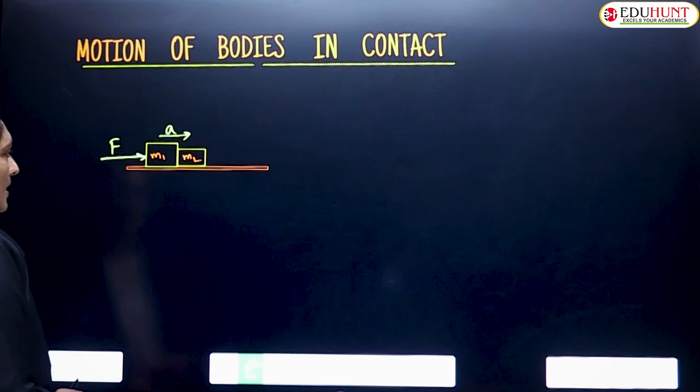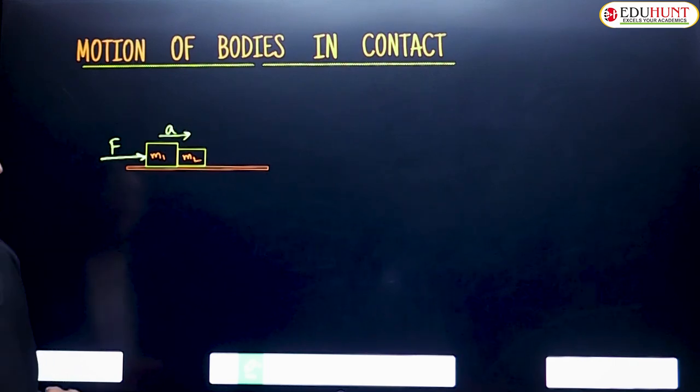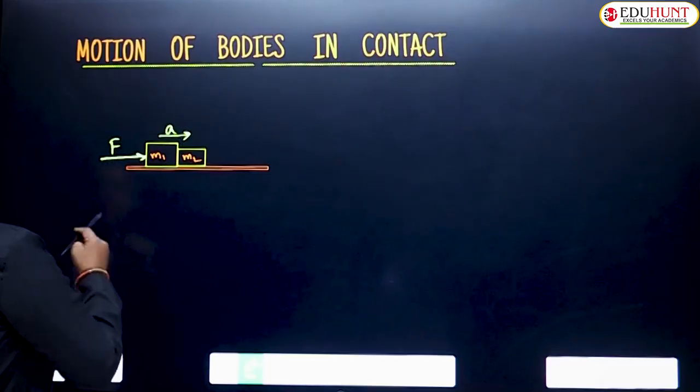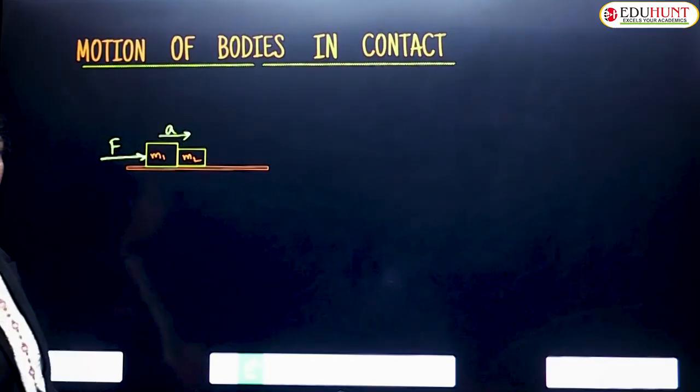So now, in order to write the equations for this, let us try to find out the acceleration value. Clearly we know that the net force applied is equal to mass into acceleration.